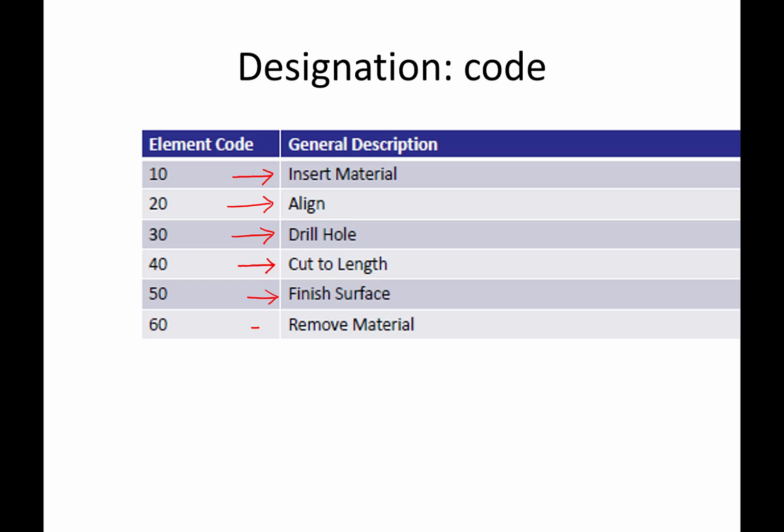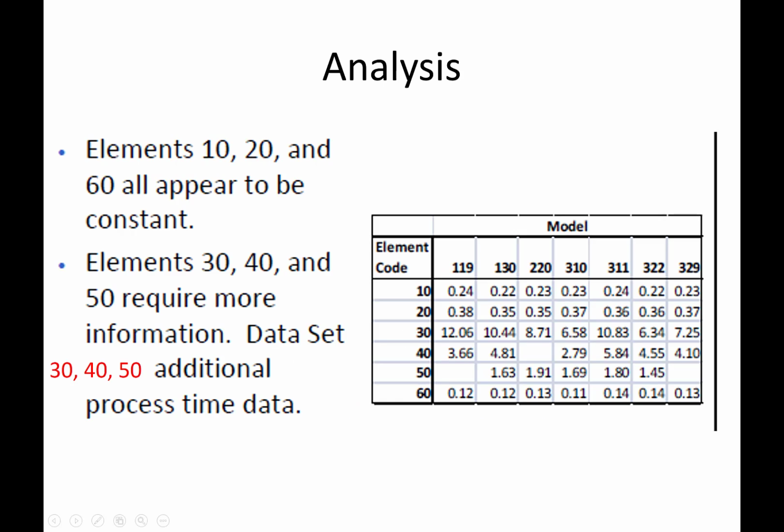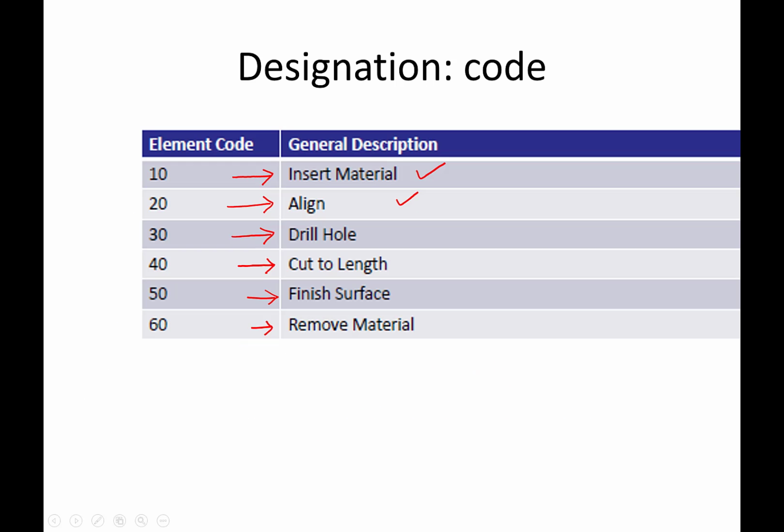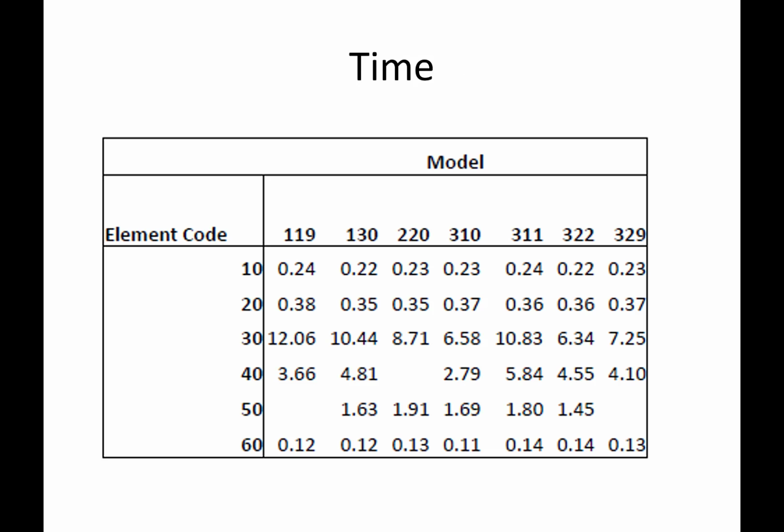Okay, remove the material. If you see insert the material, align the material and remove the material, these three are not dependent on the minor variation or the type of the material or the characteristics of the job. But the hole depth, the length, diameter, the dimensions of the job to be cut, or the surface finish will be affected by the area to be machined.